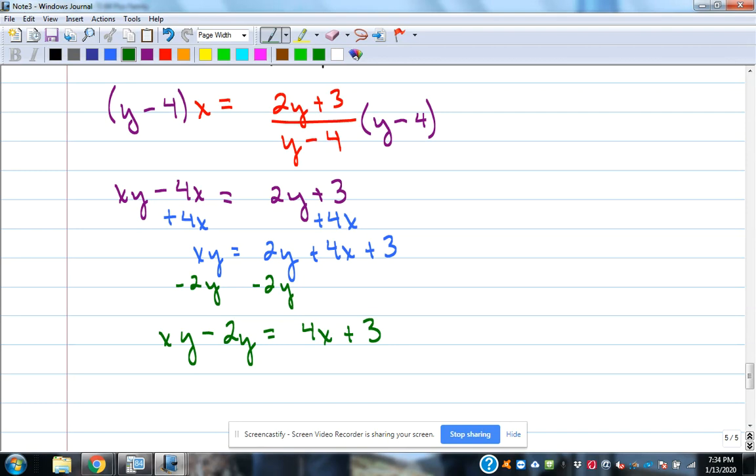So in 100, we did a lot of what? Factoring, all right? So they have a common factor. What is the common factor for both of these pieces? Y. All right, so I'm going to factor a y out of that.